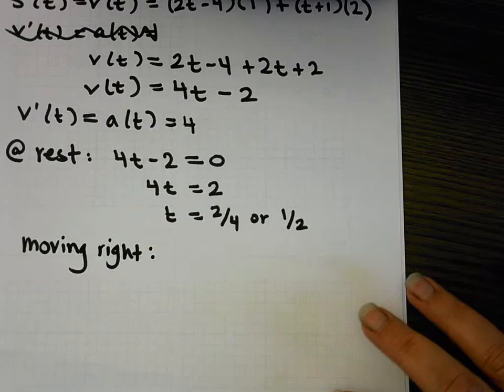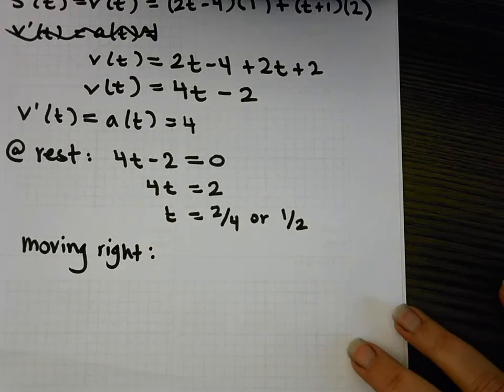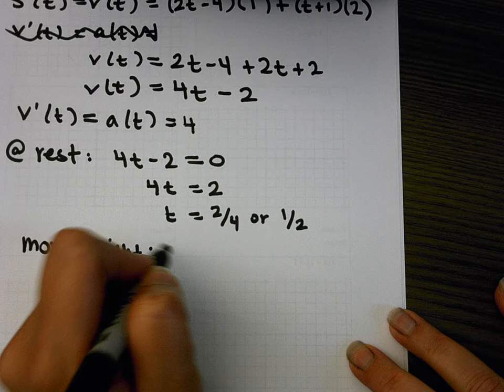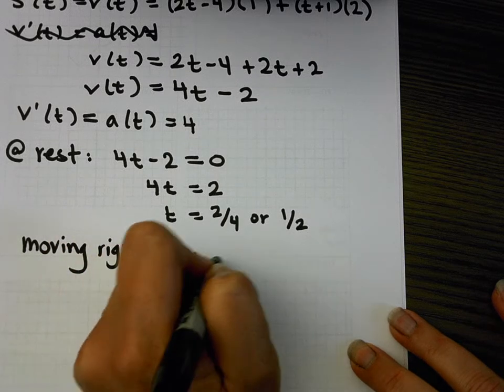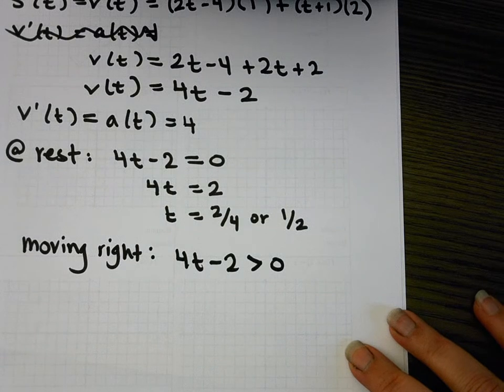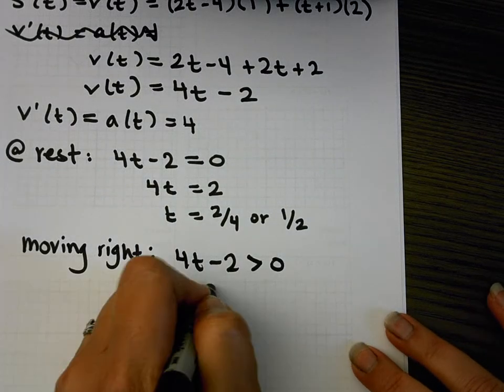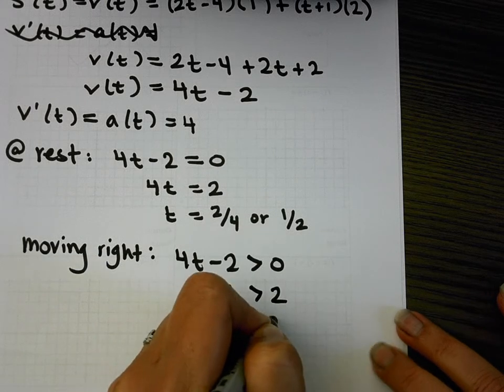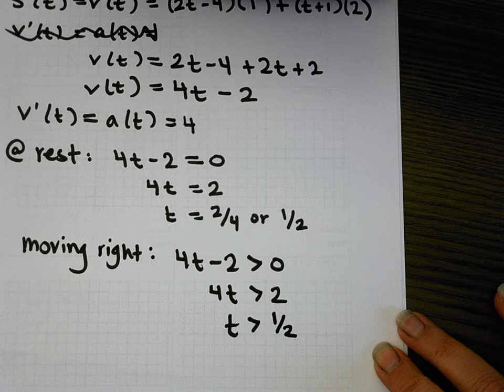So when is the velocity greater than 0? So there's two things to try to do to figure that out. I am just going to say, well, I know it's moving right when 4t minus 2 is greater than 0. So I can write it like that and then solve that equation. So I can add 2 over and then divide by 4. So that would be when t is greater than 1/2.